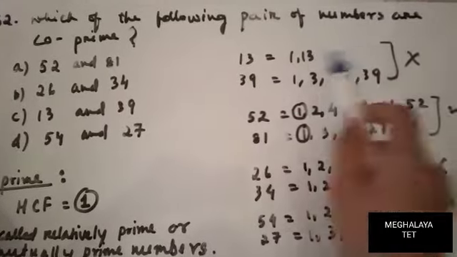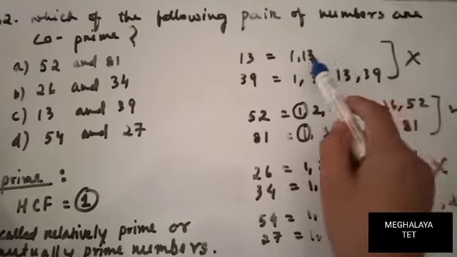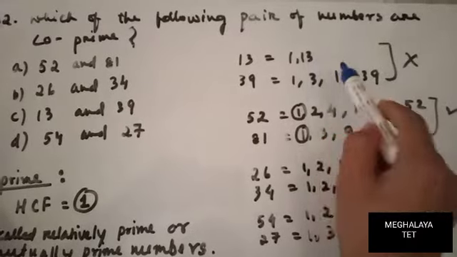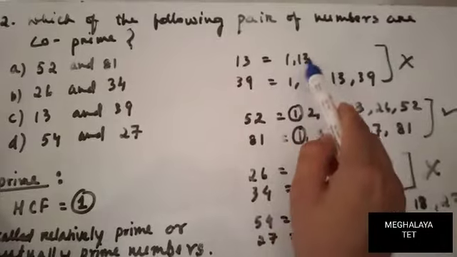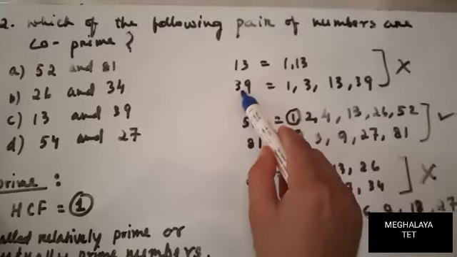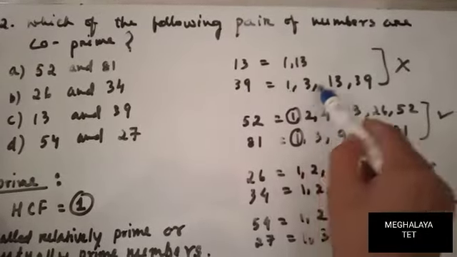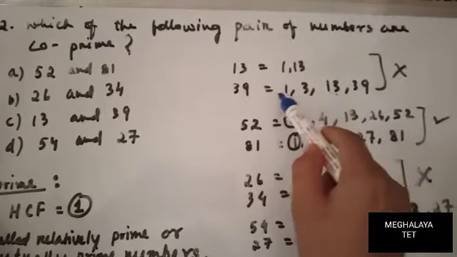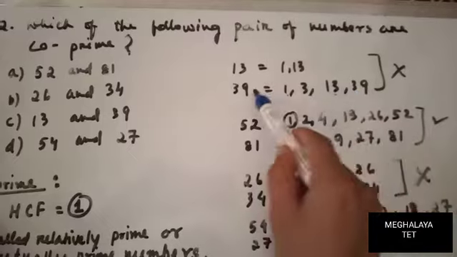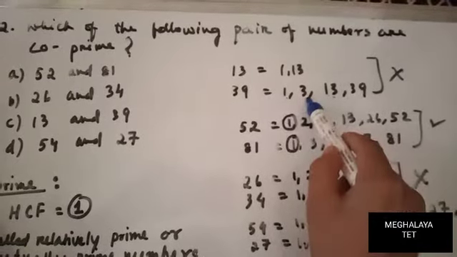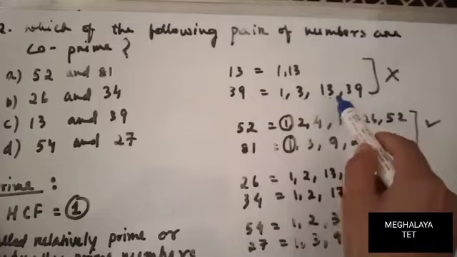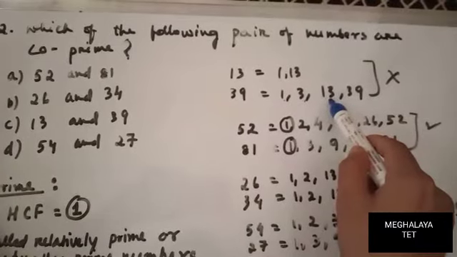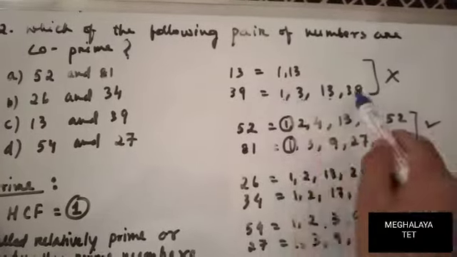No, because their highest common factor is 13. The factors of 13 are 1 and 13. The factors of 39 are 1, 3, 13 and 39. A factor means a number by which it can be divided. We can divide 39 by 13, 39 by 3, 39 by 39, 39 by 1.